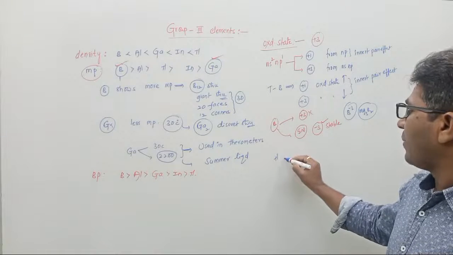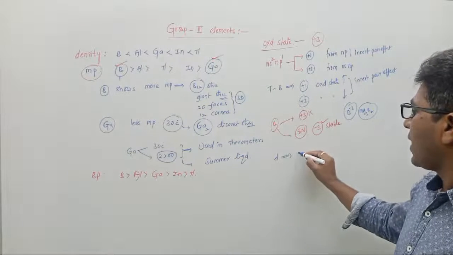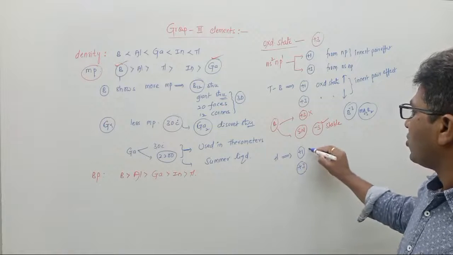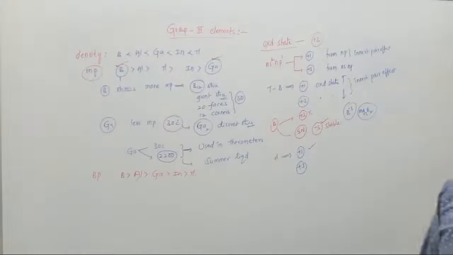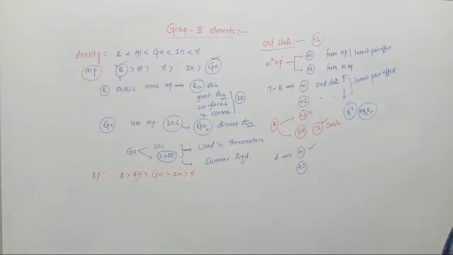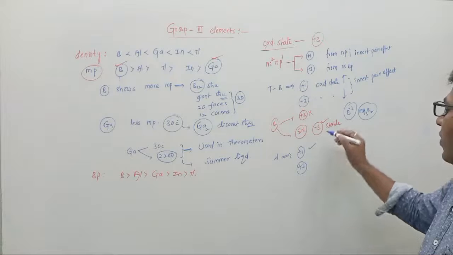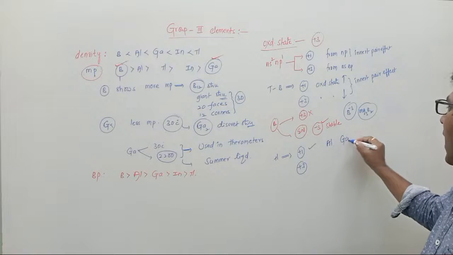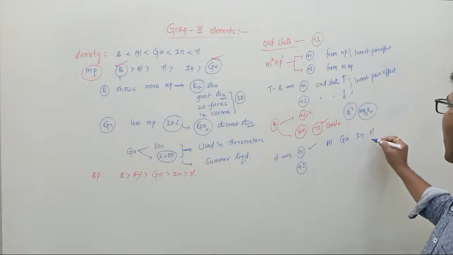Next, go to thallium. Thallium shows +1 oxidation state and +3 oxidation state. Which is more stable? Thallium +1 state is more stable. Now from top to bottom, go to aluminium, gallium, indium, and thallium.